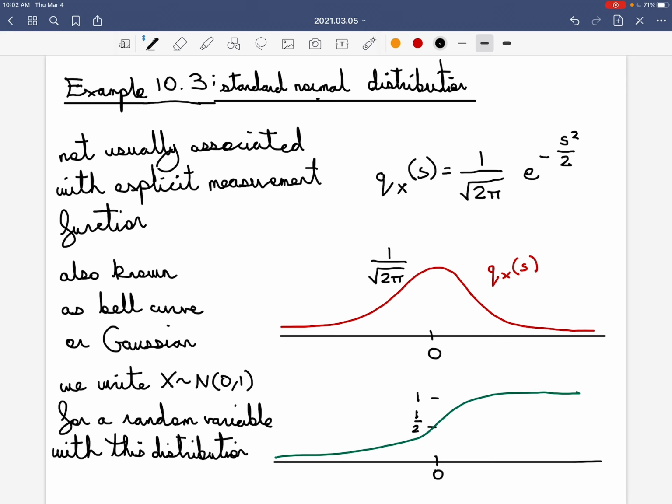Okay, so we're going to use the symbol X is distributed as N(0,1) for a random variable with the standard normal distribution. And you can see I have the cumulative distribution function of the standard normal in green at the bottom right.